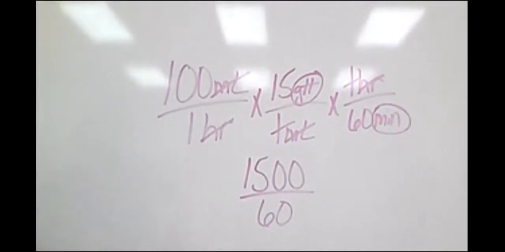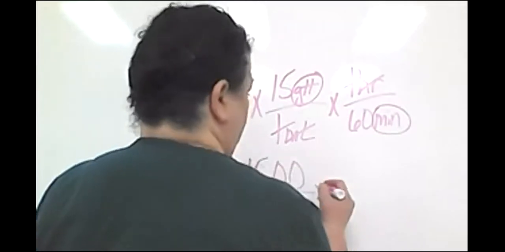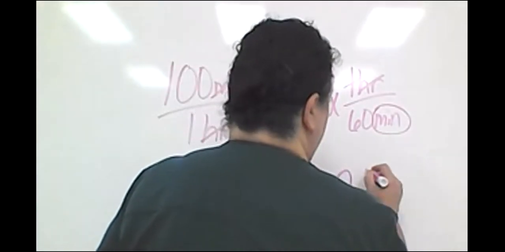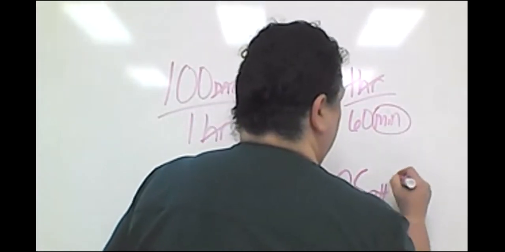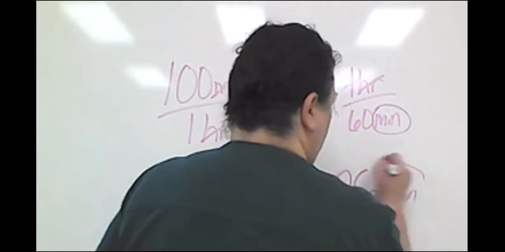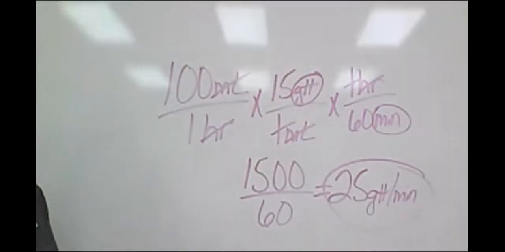And if we divide 1,500 by 60, it'll give you 25 drops per minute.